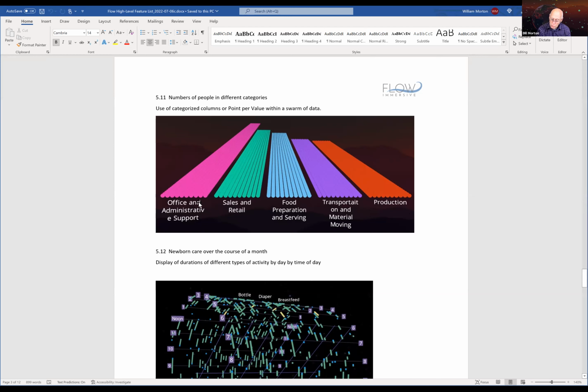So we've got people who work in office and administrative support, sales and retail, food prep, transportation, production, things like that. Each of these dots is meant to represent 100,000 people or some such number. It's just a different way of expressing a volume, by expressing it in number of dots rather than a point on a scatter plot. This is also a very widely used technique within Flow. A lot of use cases for this.